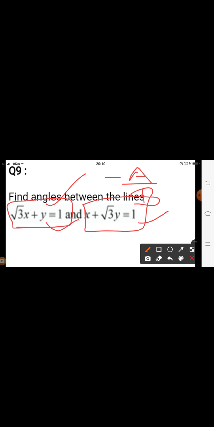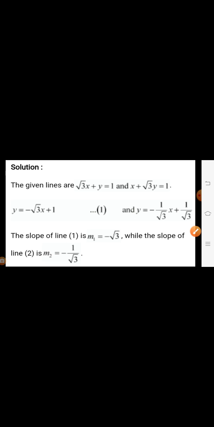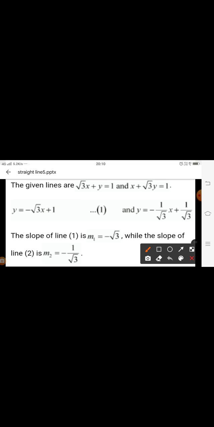Then here for the first equation we get minus root 3, and for the second equation we get minus 1 upon root 3. And if we have the slope, then by using the formula tan theta is equal to (m2 minus m1) upon (1 plus m1 m2), we easily get the angle between the given two lines. Let us find the slope first.